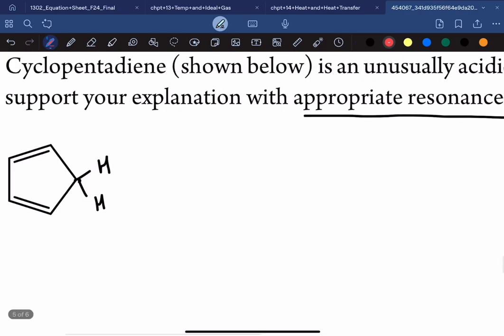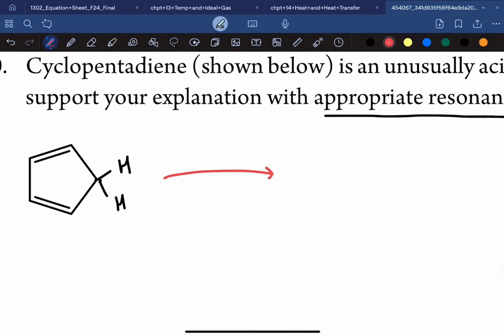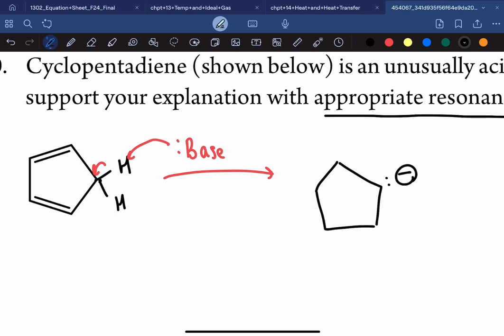So if this acts as an acid, that means that a base comes in here, and it's going to pull one of these off, right? And so what we're going to get is something like this. This minus, and this and this. Let's be more clear. This and this, like that.